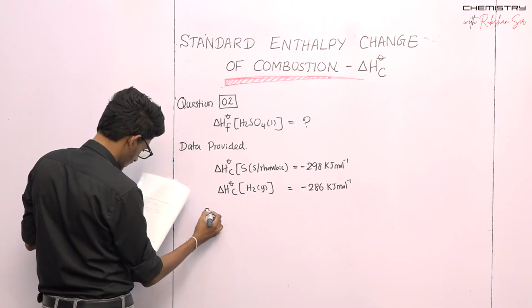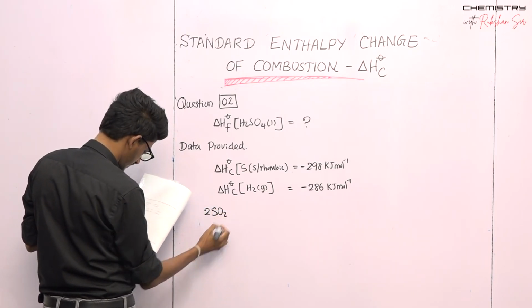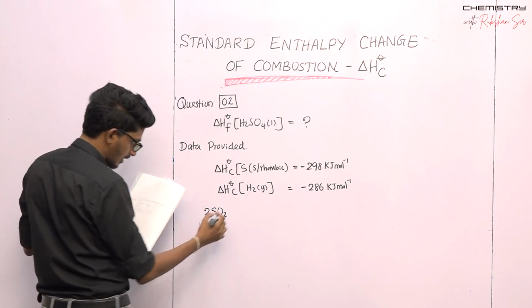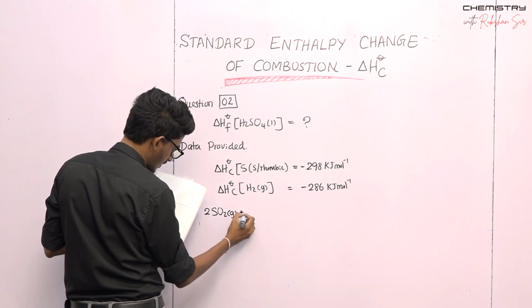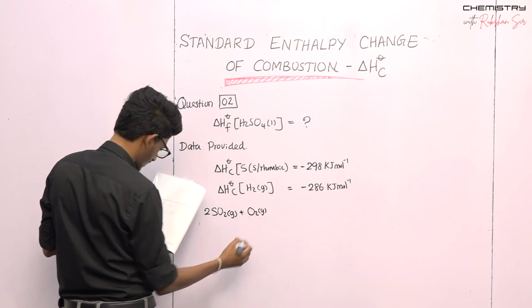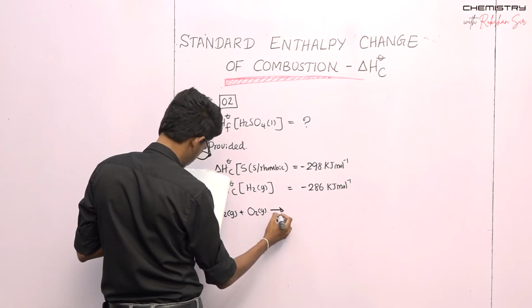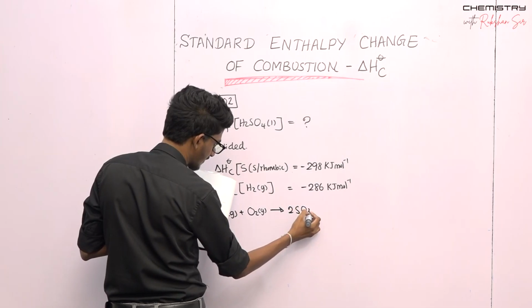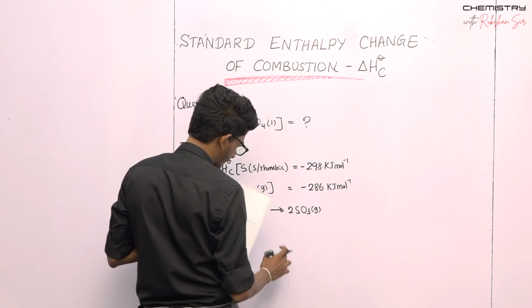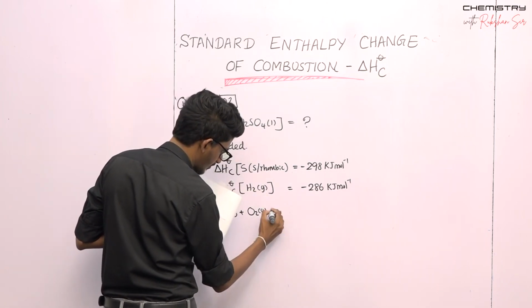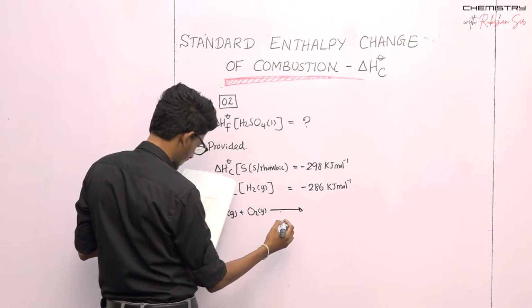Then 2 of SO2 gas, plus O2 gas. When those convert to 2 of SO3 gas, the value is given as, right? I'll write that on top of the arrow, then it is easy to handle, right?